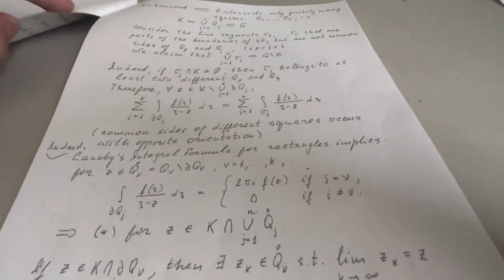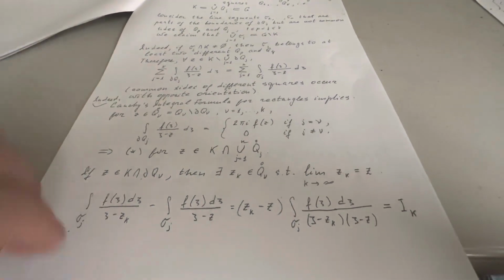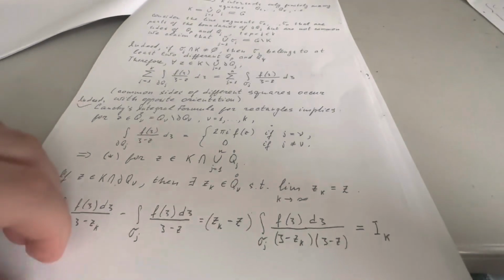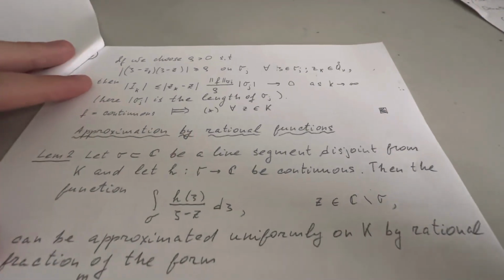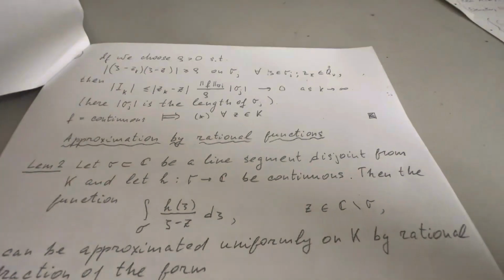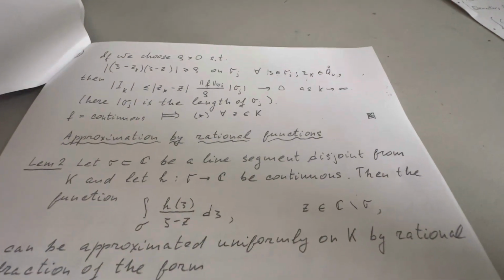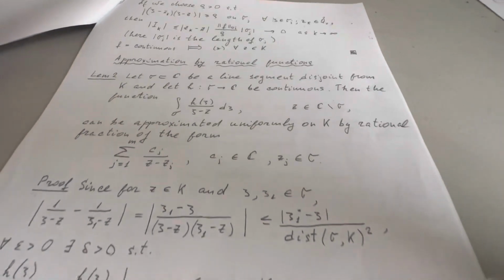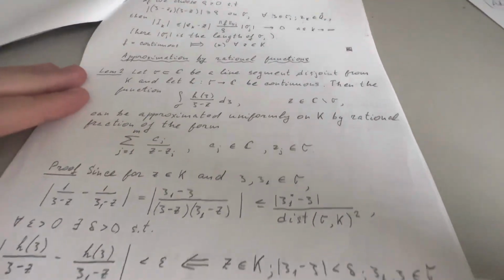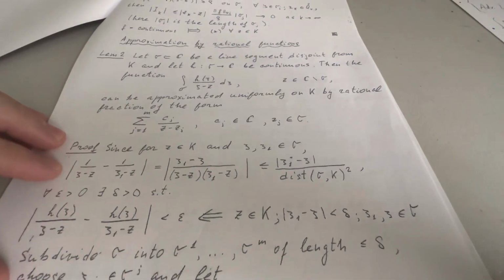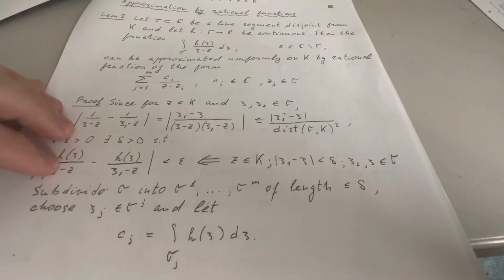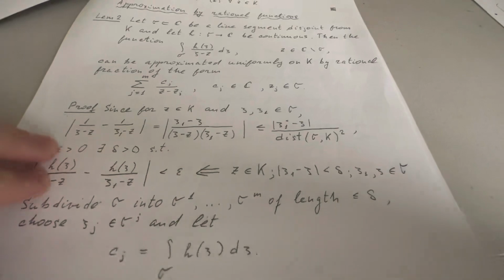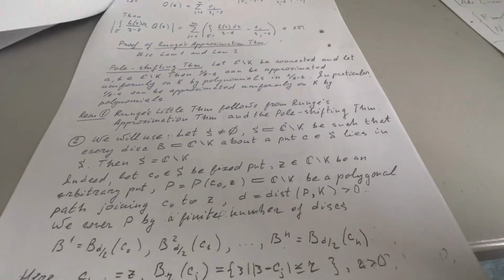You can pause the video and read this if you want. But he makes a statement towards the end. Okay, so he's got a couple lemmas here. Maybe one day I'll be able to do this from memory. But this statement here we remember from the previous proof. So instead of using disks and arcs on the circle of those disks, he uses a grid.